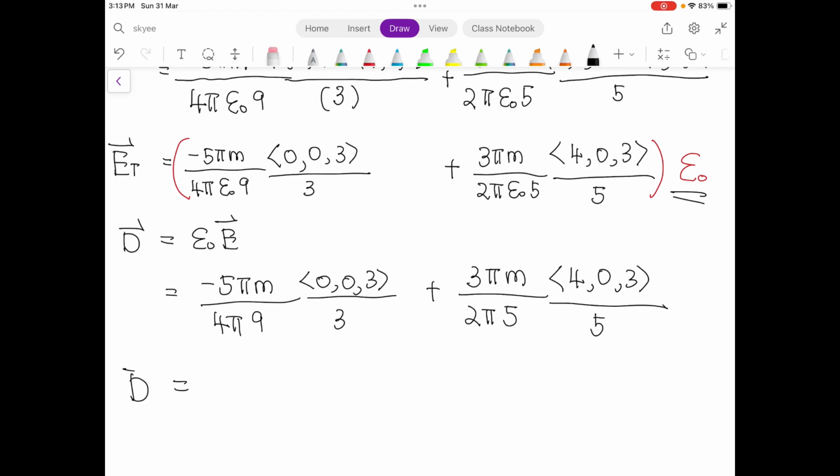So now you try to find out what your total D is. Negative 5 pi times, and that gives 46.3 micro. And plus this one can cancel.